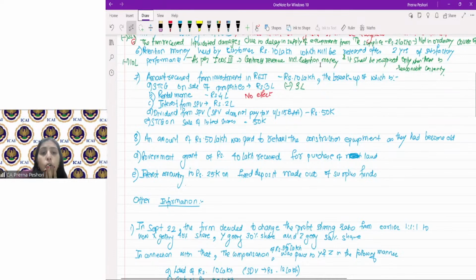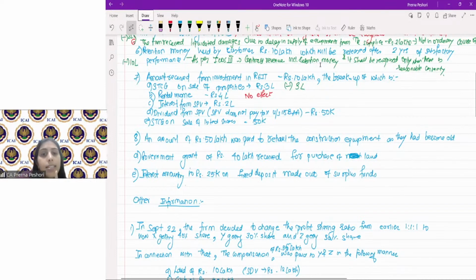So in the case of the dividend income which is earned from the SPV, in the case where the SPV has exercised the option under 115BAA, the dividend income is taxed.